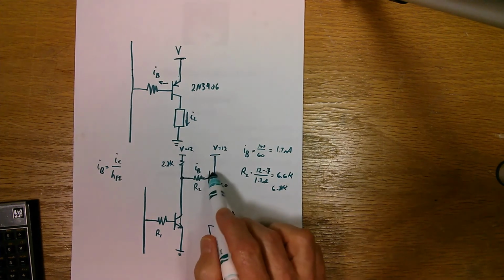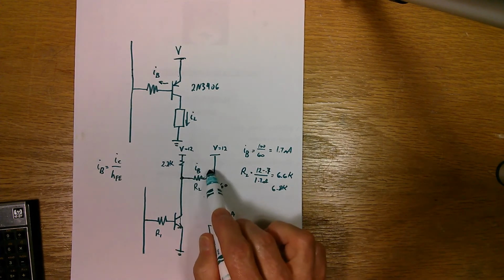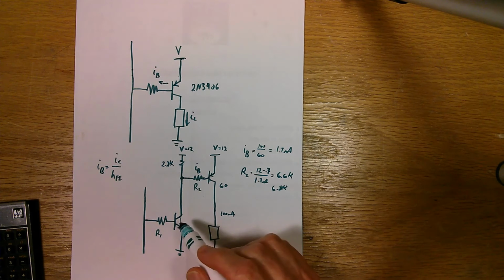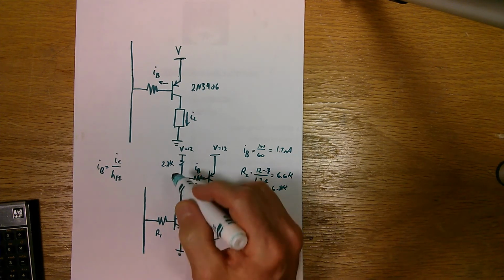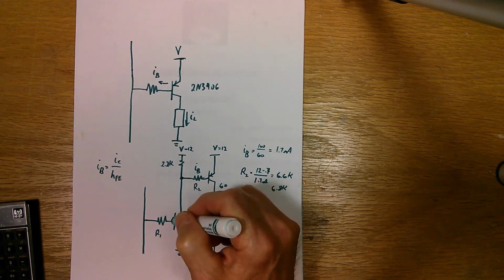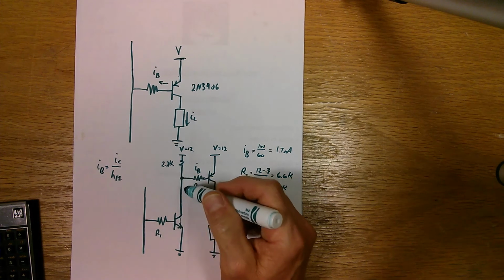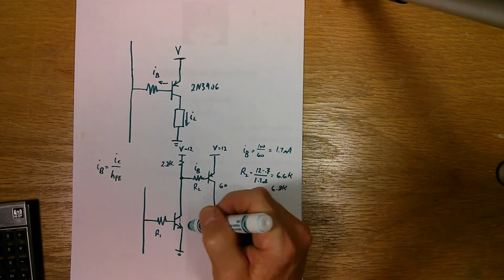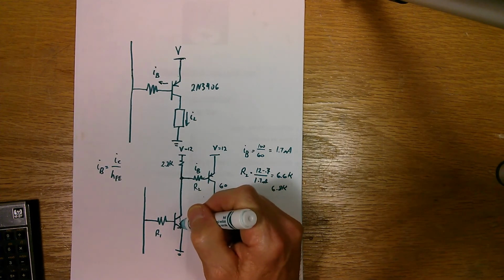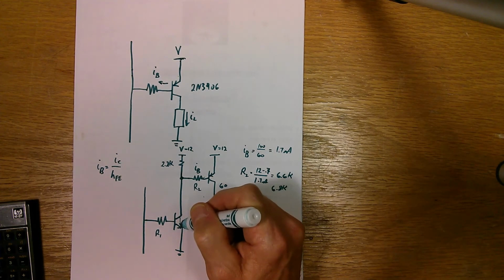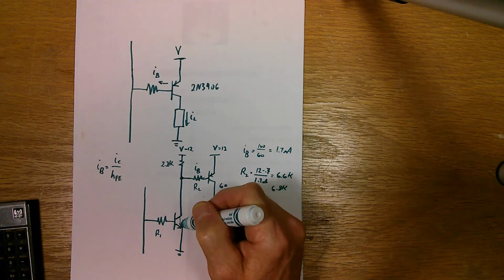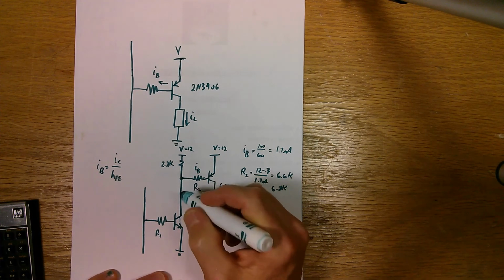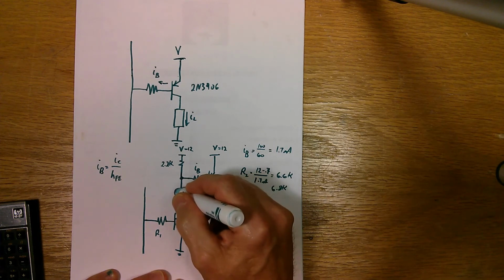And that would be enough to turn this transistor off. And then the collector current flowing through here is 2.2K, so it's 12 volts, and I'm going to ignore the drop across here, which is about 0.2 volts, but I equals V over R, so 12 volts divided by 2.2K is 5.5 milliamps flowing through here.